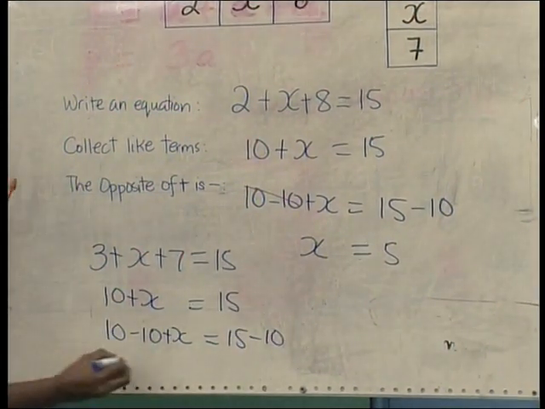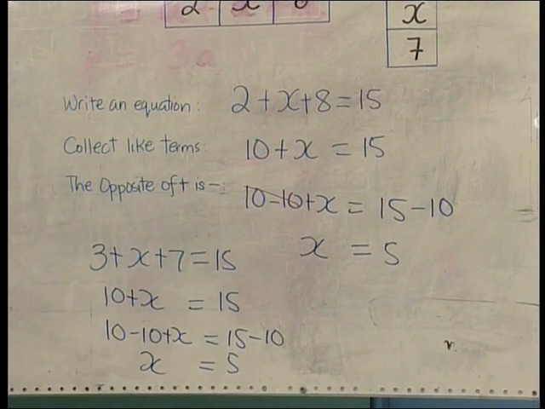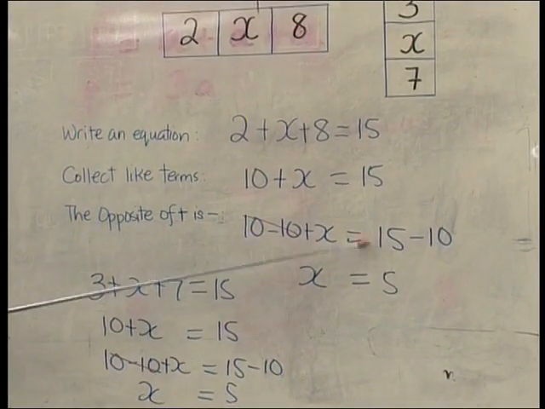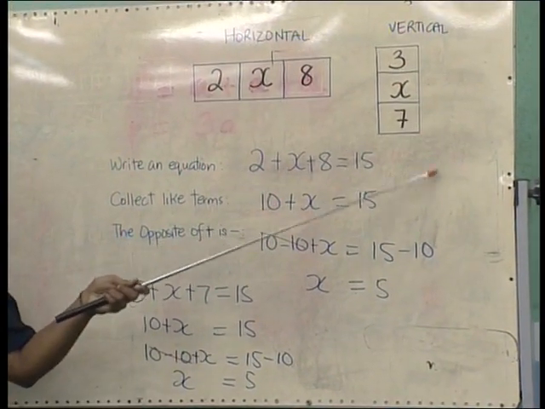So X is equal to 5. See? So then you can cross-check. 2 plus 5 plus 8 is equal to 15. 3 plus 5 plus 7 is equal to 15.